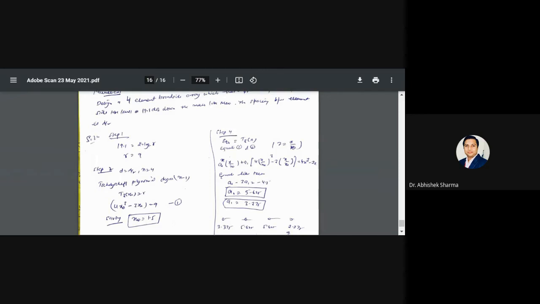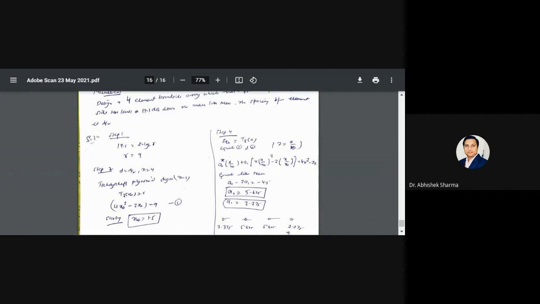So from here, a naught into x by x naught plus a1 (4 (x by x naught) cube minus 3 x by x naught) is equal to this one. So we will take x by x naught common. So it will become (a naught minus 3a1) multiplied by x naught, or we can write it as (a naught minus 3a1) by x naught multiplied by x.